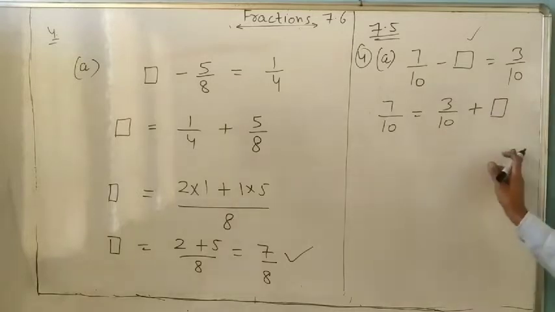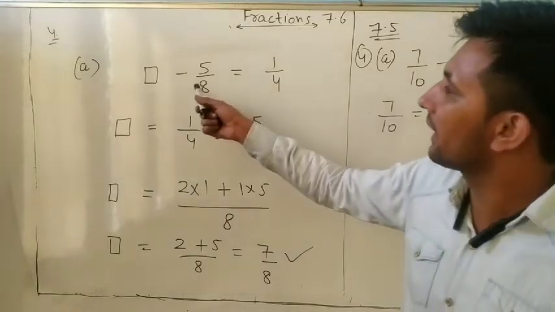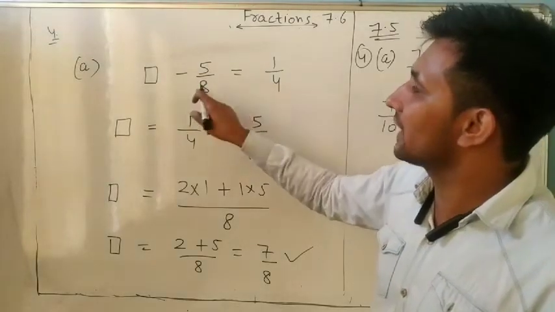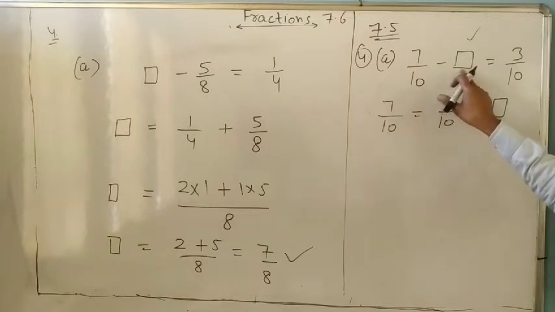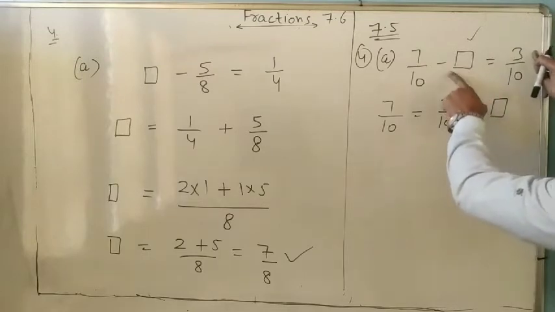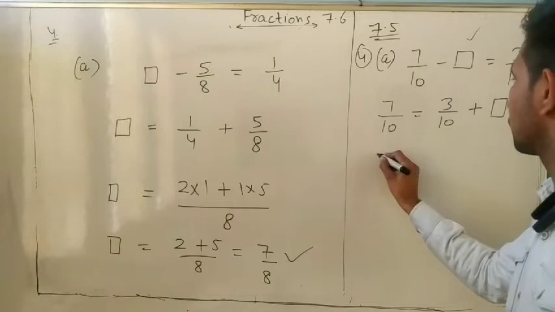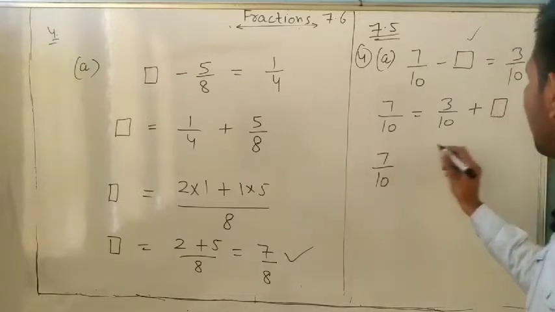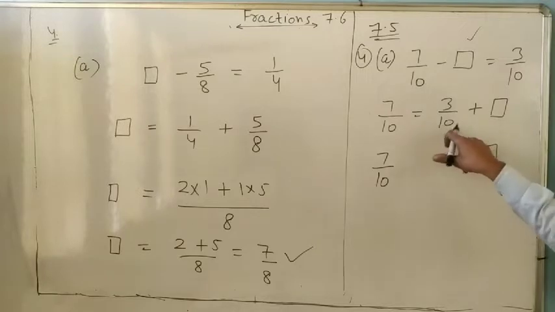What I told you, always first we make the missing number positive. We observe that the missing fraction is negative, so when it goes to the other side, negative becomes positive. Now we want to find this value, so we have to move this one.